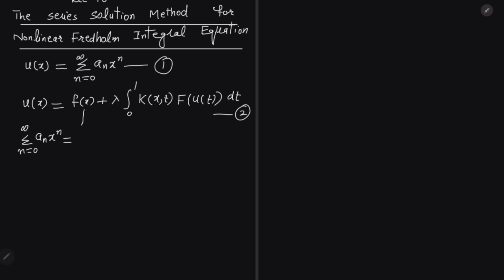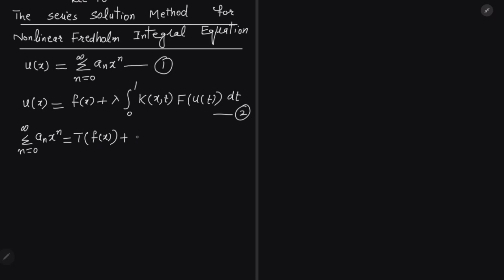If there were any sine of x in f of x, then it would be difficult to compare the coefficients of x^0, x to the power 1, and so on. So we will write a Taylor series of this function f of x.